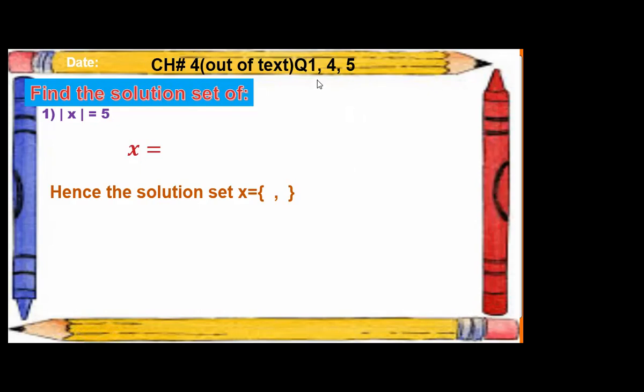Mod x, kindly copy down this question because I am going to share the next question on your screen. Today students, I'm going to give you homework, and it will be uploaded just after the lecture.